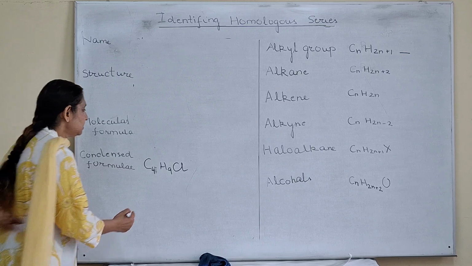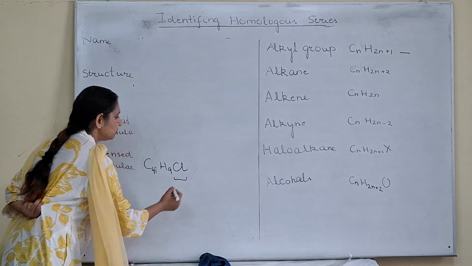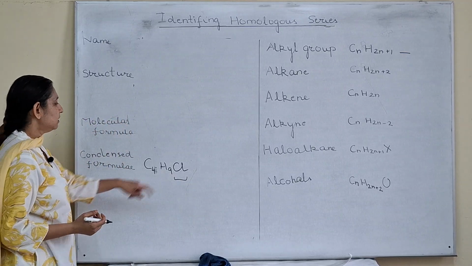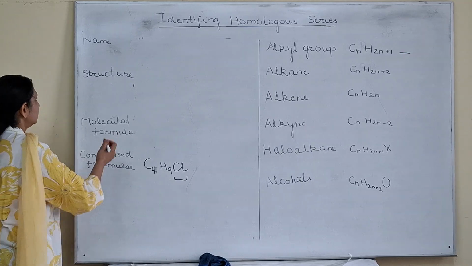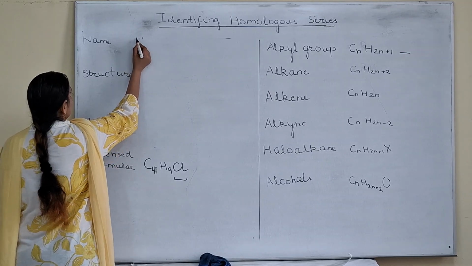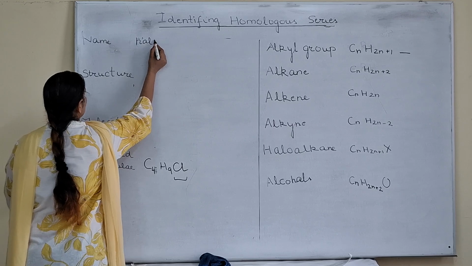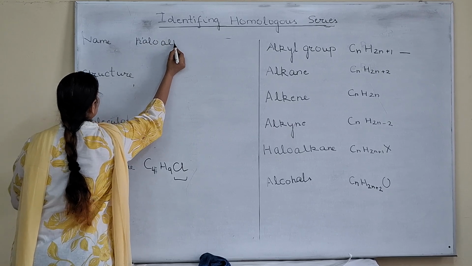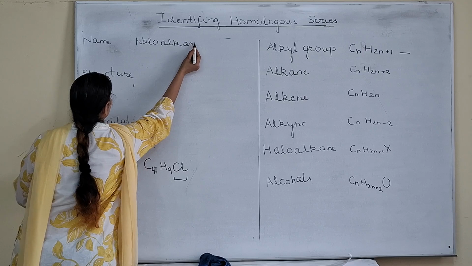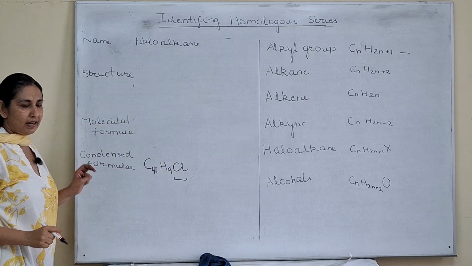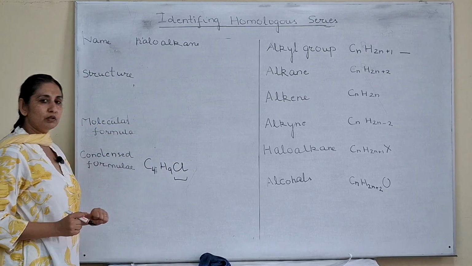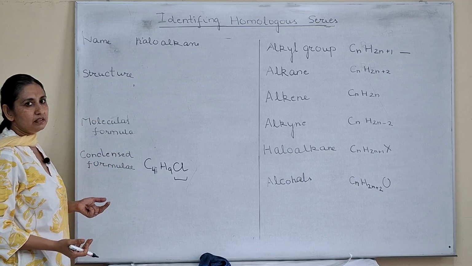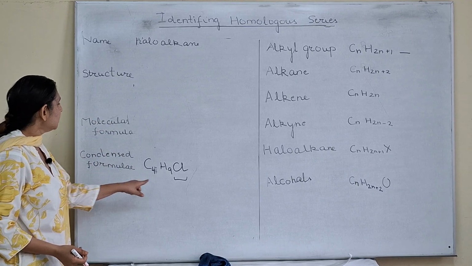The moment you see a Cl or iodine or bromine here, that tells us that it is a haloalkane. The type is haloalkane और हमें एंड में क्लोरीन दिख रहा है, तो डेफिनेटली इट इज. नाउ इसका नाम क्या हुआ?